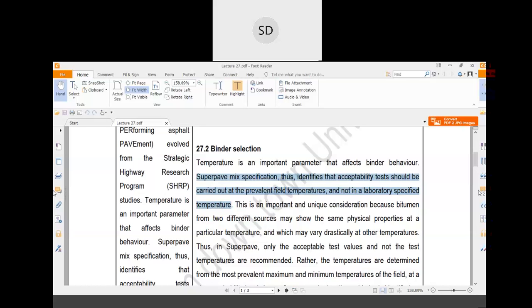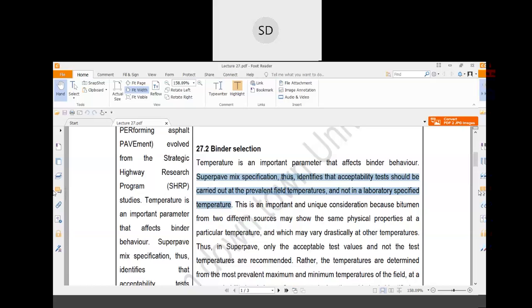This lab regulated temperature will not be similar to the field condition. Therefore, in the Superpave design, whenever you are testing any material, that testing should be done corresponding to the field temperature, not the lab temperature.